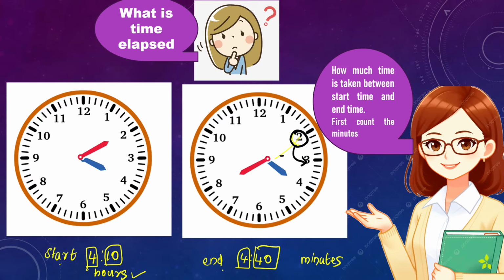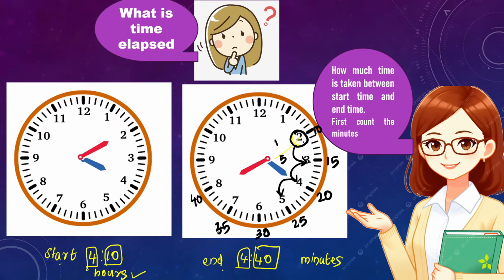From 10 to 15 is 5 minutes, 15 to 20 is another 5 minutes. So we can write this here. This is 10, 3 is 15, this is 20, this is 25, this is 30, this is 35, and this is 40.